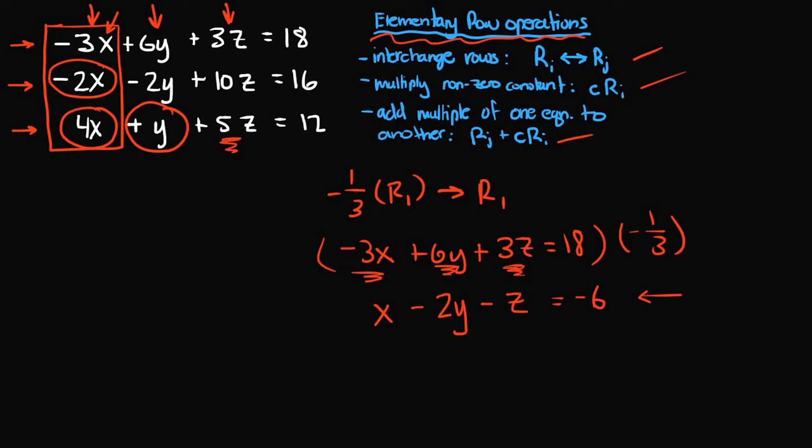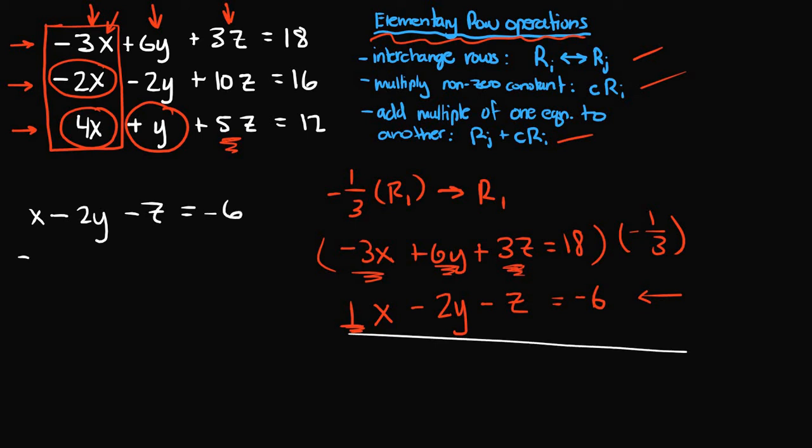So this right here is our new equation 1, and look at this, we got a leading one term here. So if I write our new equivalent system with the new equation 1 or row 1, we would have x minus 2y minus z is equal to negative 6. This just came from here.